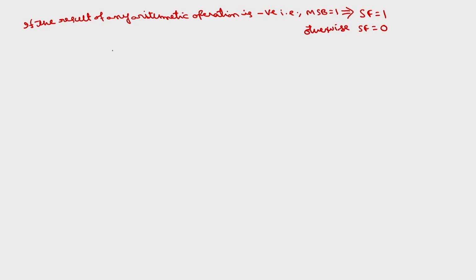So, if we take an example here also, if we want to add F2 plus 9AH. F2 is 1 1 1 1 0 0 1 0, 9A is 1 0 0 1 1 0 1 0.